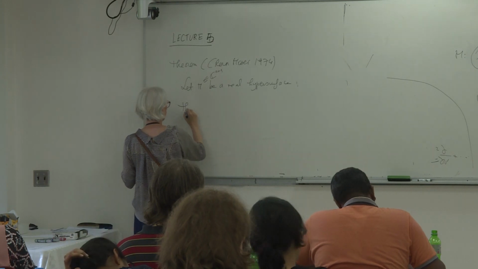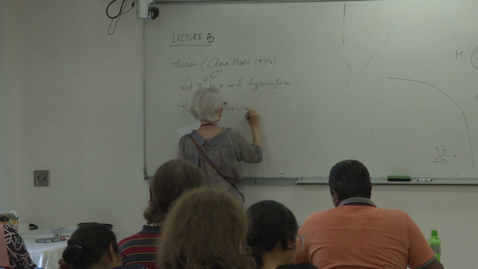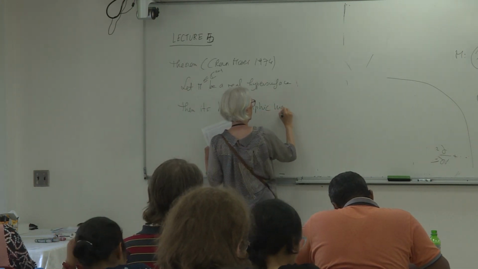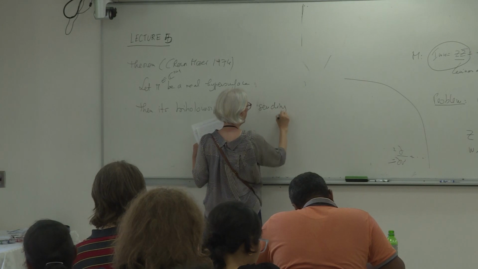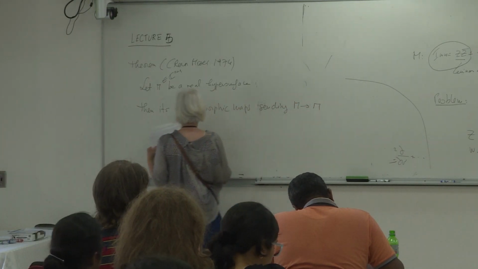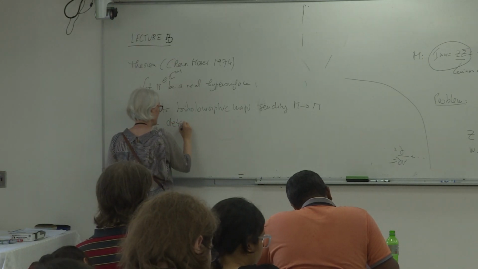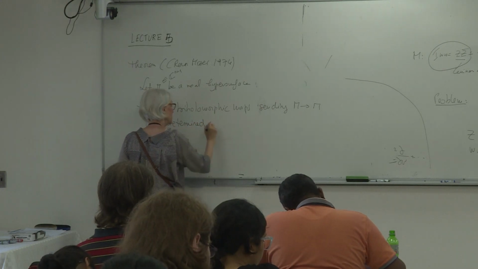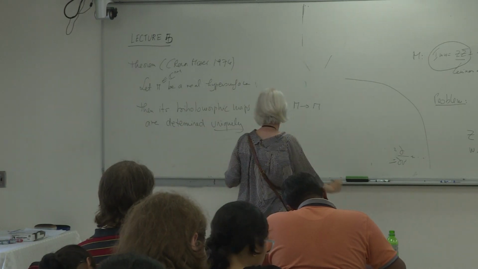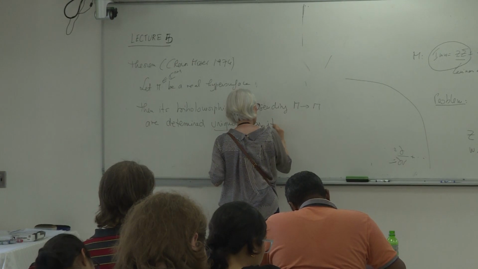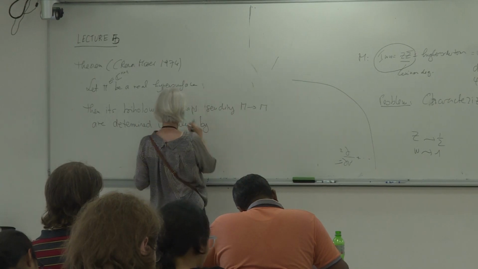Then its biholomorphic maps sending M into M are determined uniquely by two jets at 0.